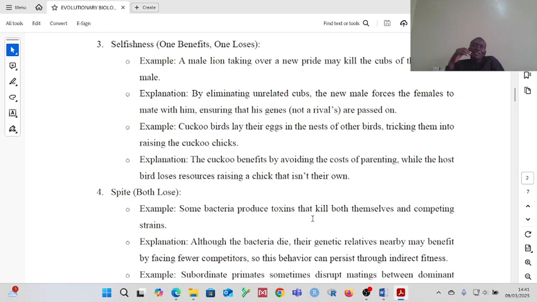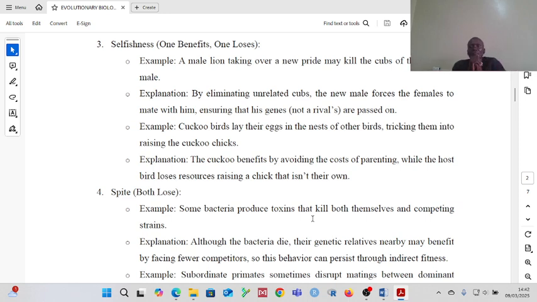The other example here is the cuckoo birds. These birds can lay eggs in the nests of other birds. When it does that, the birds whose nests the cuckoo has gone to lay eggs in will end up sitting on the eggs until they hatch. Then once the eggs have hatched, they will end up raising the cuckoo chicks. So the cuckoo is benefiting, but the other bird in the nest is losing out.